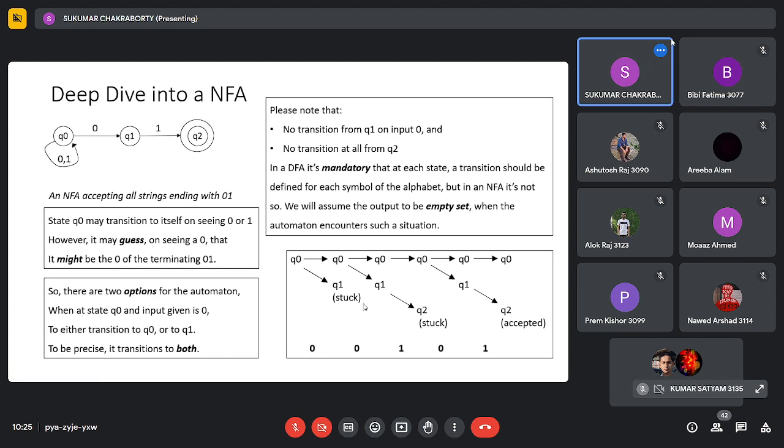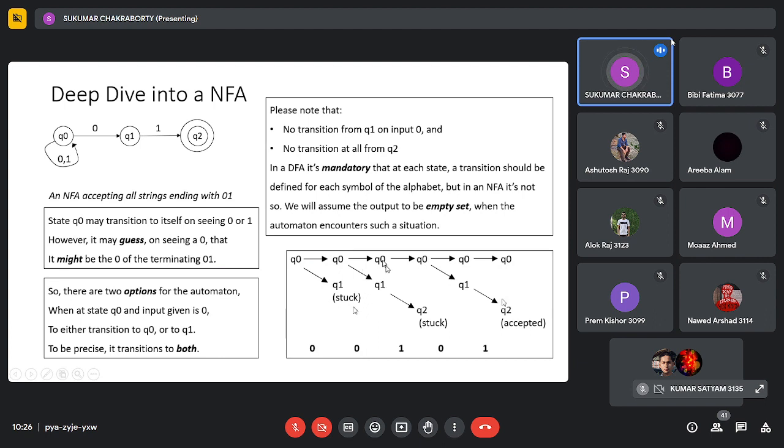If you had fed a 1, then there would have been a transition from Q1 to Q2. But since you have fed the 0, this branch ends here. It's dead. But another branch is going on, because another state was Q0, and from Q0 on seeing 0 it again forks to either Q0 or Q1.